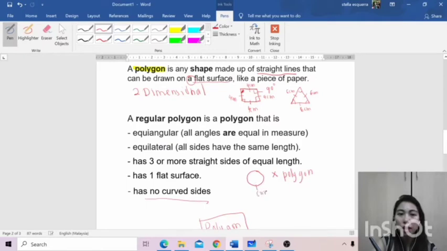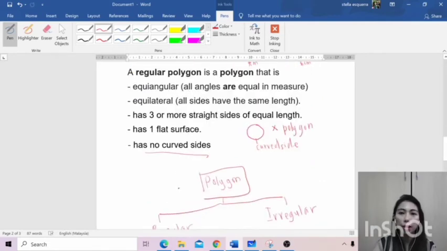You remember a polygon must have straight lines. So a circle is not a polygon, not even irregular or regular. It does not belong to the group of polygons because it is a curve. So a curve should not be a polygon. That is also a non-polygon shape.